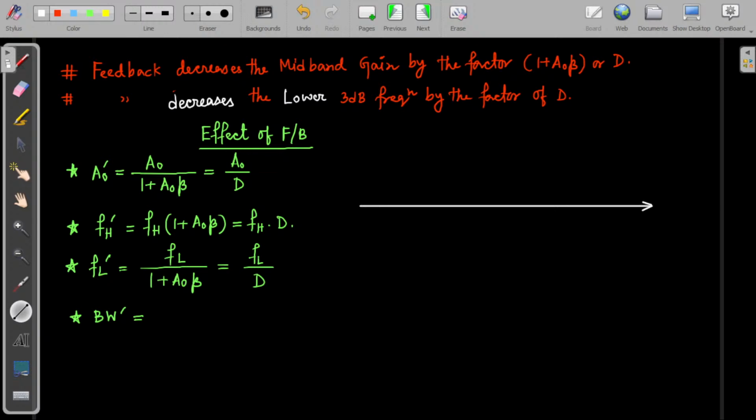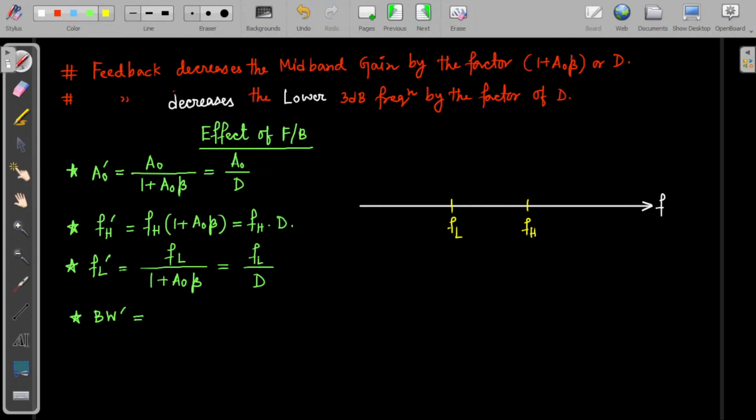So if we draw the frequency scale, so we are having F here, and let us say that this is the lower 3 dB frequency and higher 3 dB frequency before connecting the feedback. So after connecting the feedback, what happens?